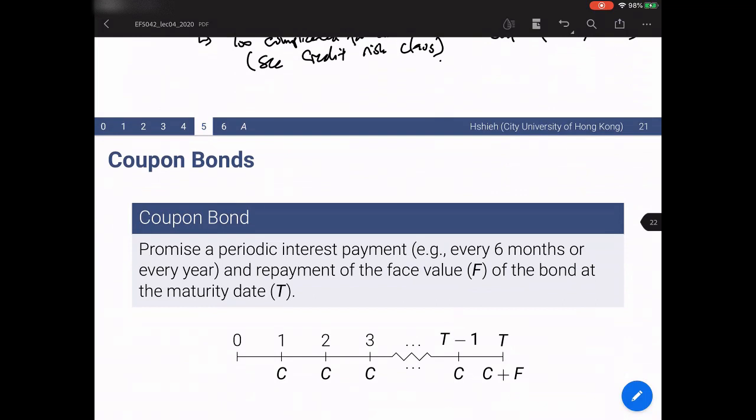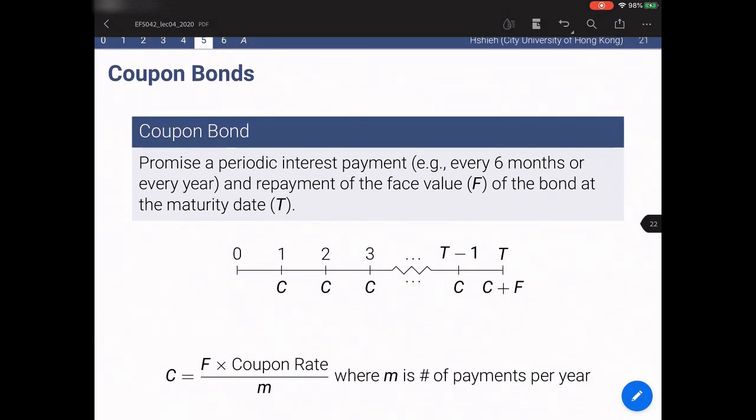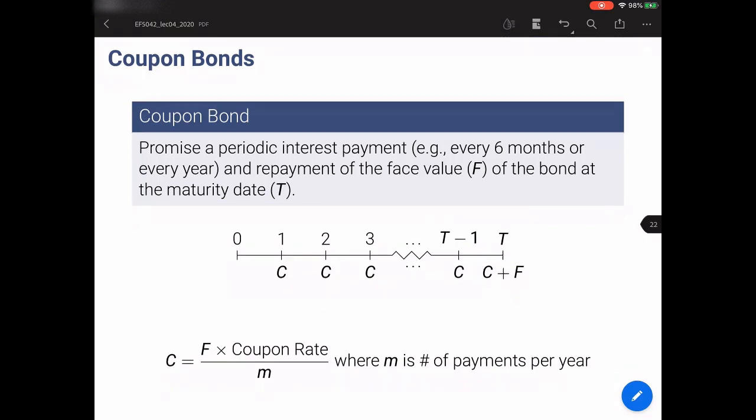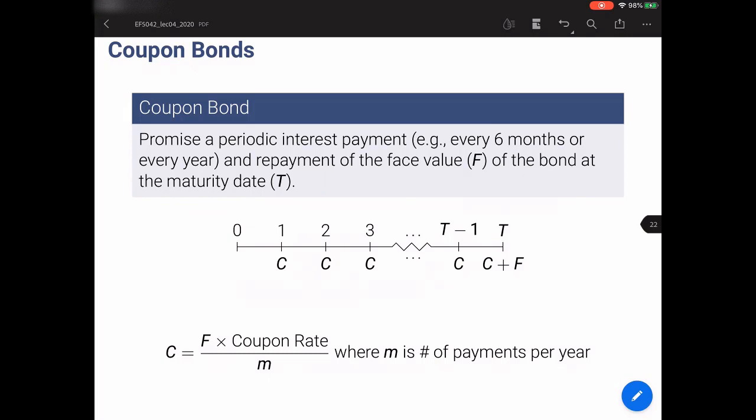So to give you a timeline description of what a debt security looks like, we can go to slide 22. Typically, bonds have what's called a coupon payment. So that's some per annum percentage of the principal that's emitted out to investors or lenders every year or semi-annual period.